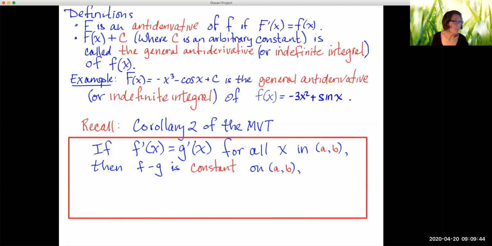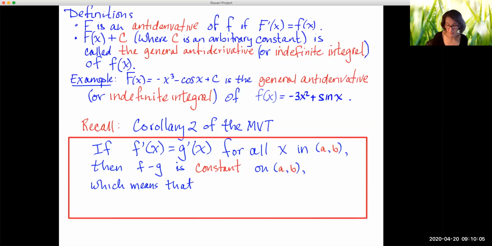So f minus g, that's a new function, and it's a constant function, meaning it's equal to just a constant. It's a horizontal line, basically.